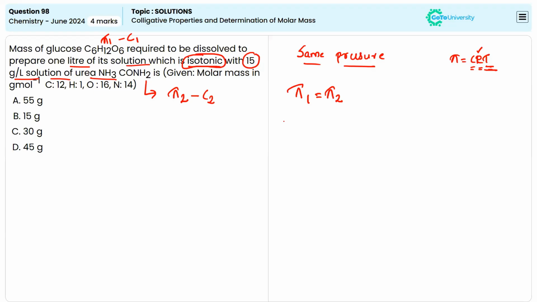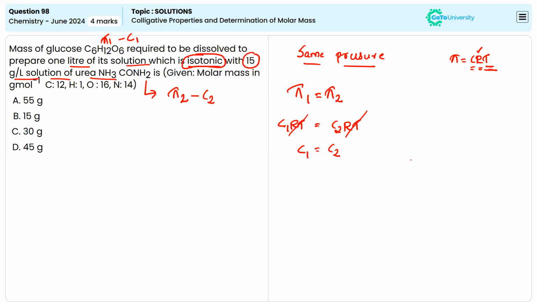So pi 1 I am writing as C1 RT. No need to take R1 T1, because R and T are common for both solutions. For the urea solution, I will take it as C2 RT. So I can cancel the value of RT on both sides. So it will be C1 is equal to C2.